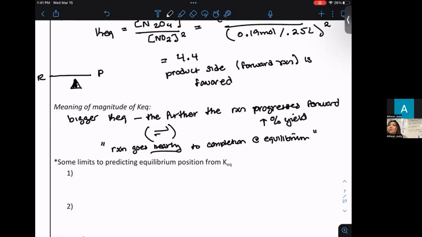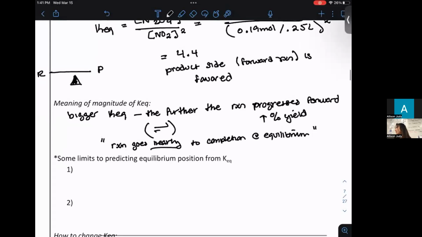Yes. I was just going to say, it's not really like an asymptote, as in it gets closer and closer to truly being complete. It just means that the point where the rates are balanced, where it reaches equilibrium, is very close to completed products. I kind of like the asymptote idea, though.